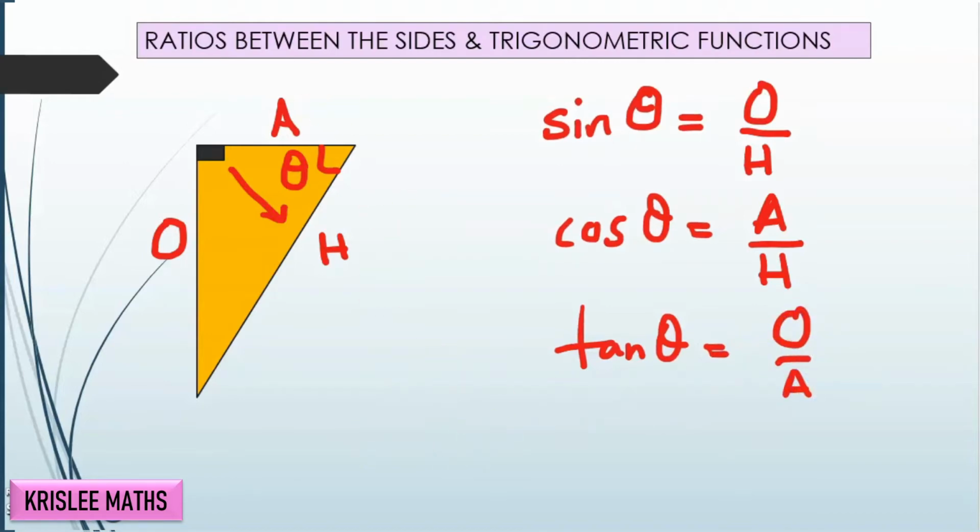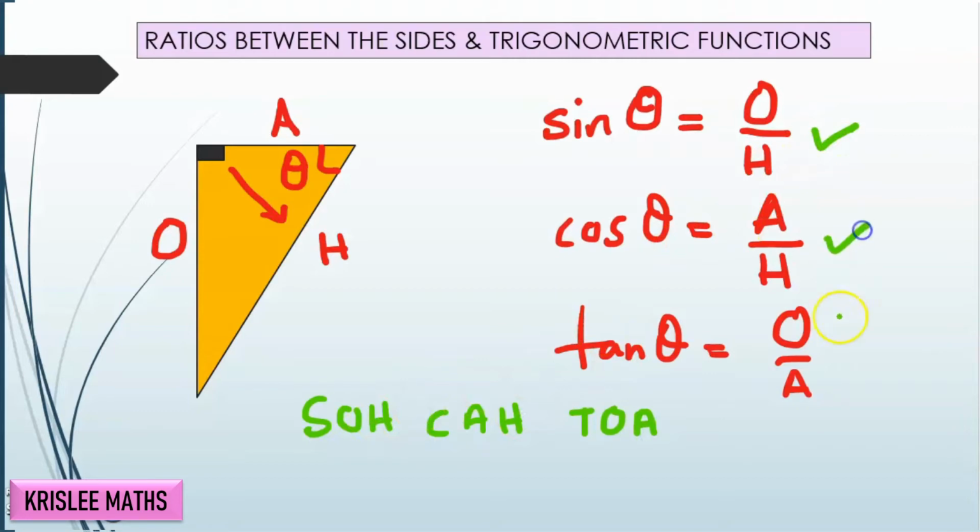Now you can easily remember these three by using SOHCAHTOA. So just remember this in order to get the formula or the relation between the sides and the trigonometric function.